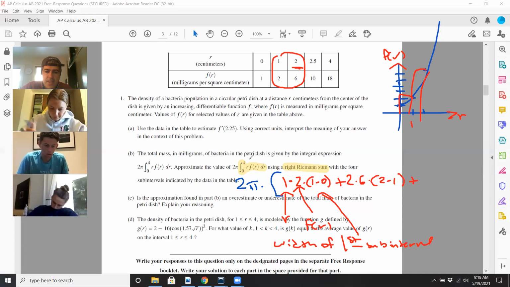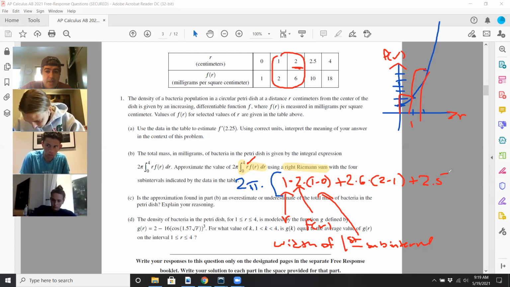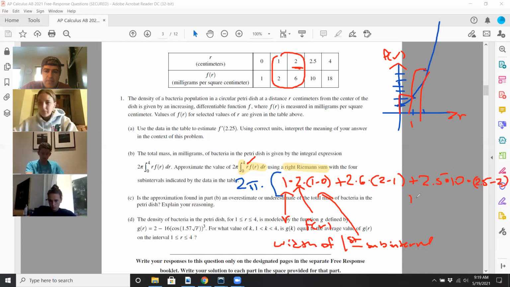So it's a little tricky because they have that extra r there. That's kind of being a pest, but we have to deal with it. Then, of course, the next r is 2.5. That f of r is 10. And then 2.5 minus 2. And lastly, 4 times 18 and times 4 minus 2.5, okay.